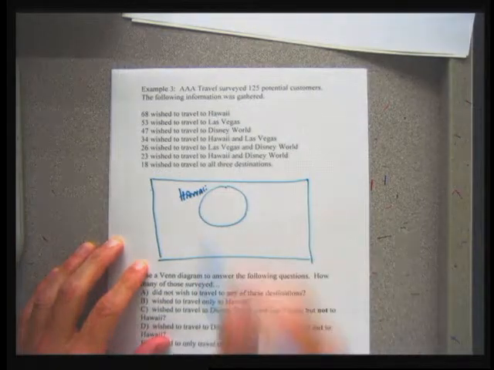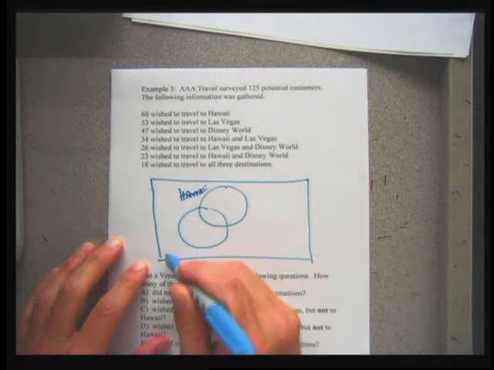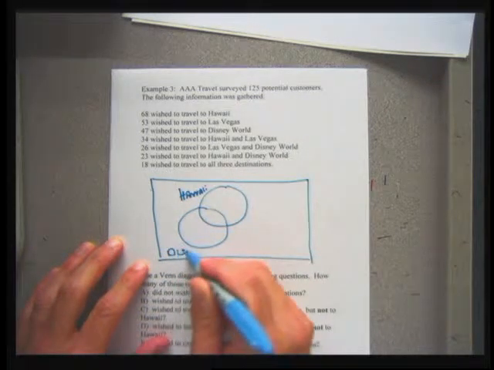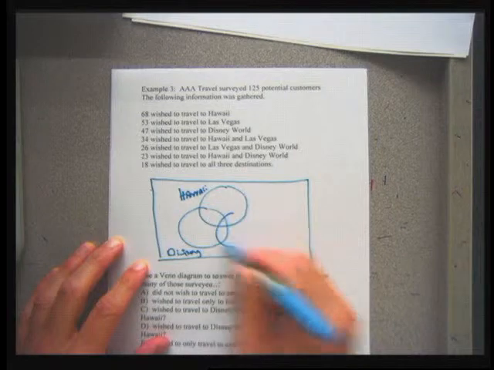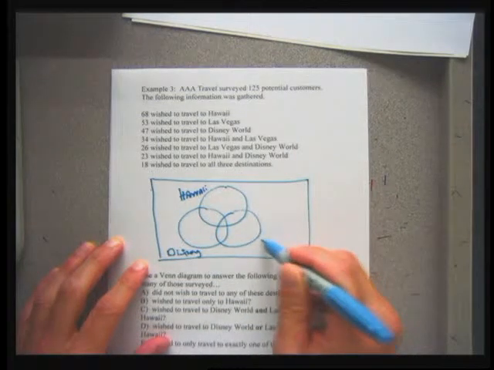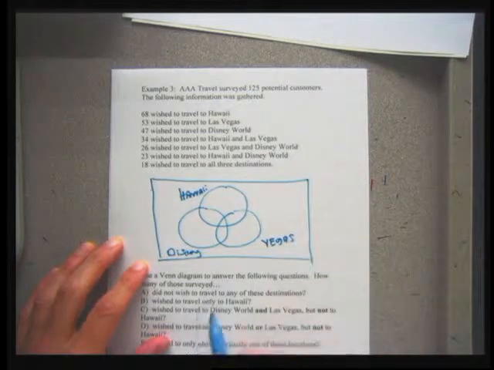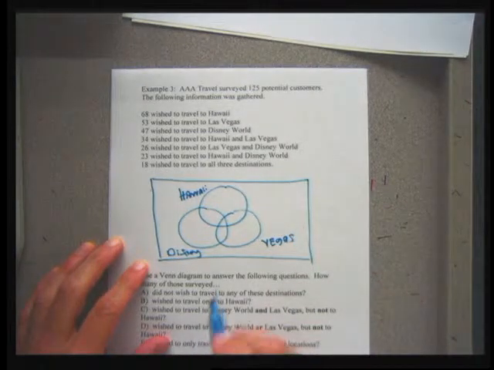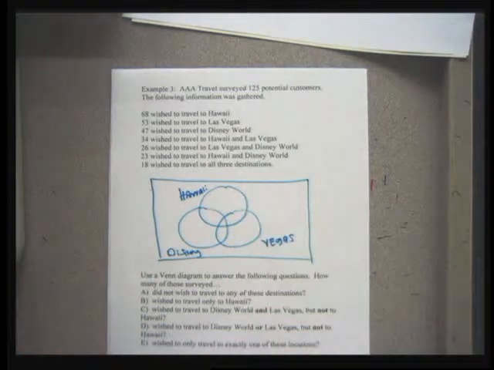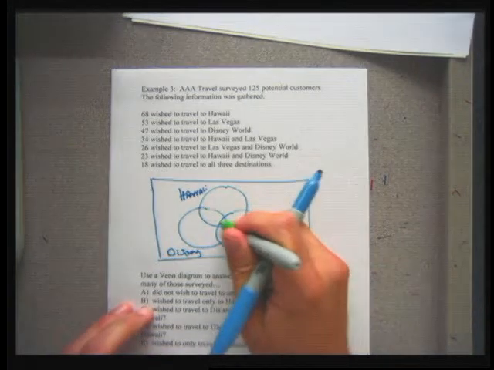There's a Hawaii circle, a Disney circle, and a Vegas circle. And there's 8 regions. The first region that I'm going to concern myself with is this region 5.